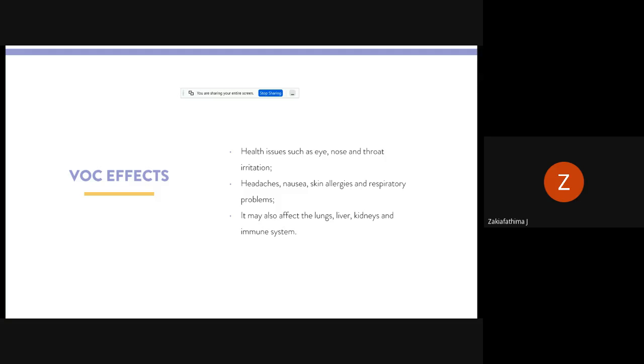I mean, adults at least develop some kind of immunity through their life, but small children are just exposed to it directly, they have a low immunity, so they get affected much more easily by VOCs. And for that reason, you need to be very careful about making sure that there is no VOC in any of the materials that you use, or the effect of it is really low.